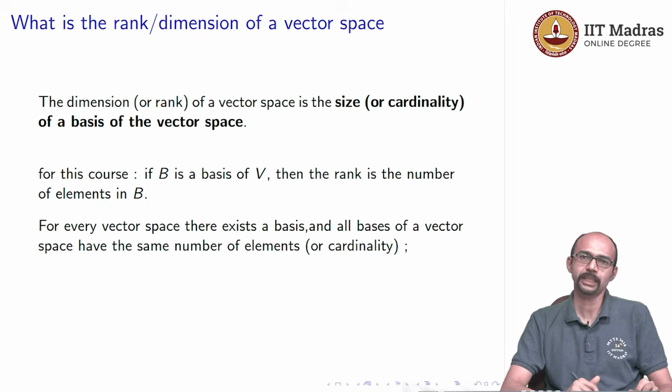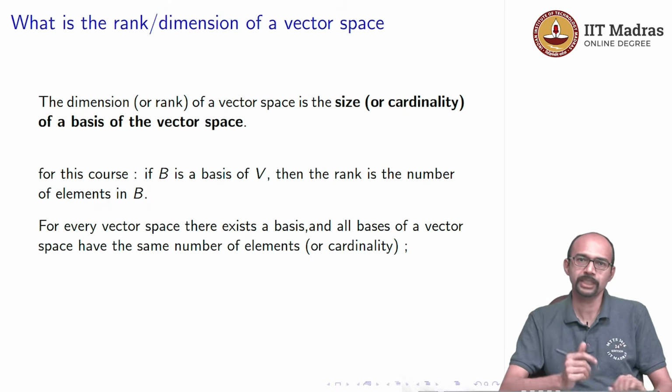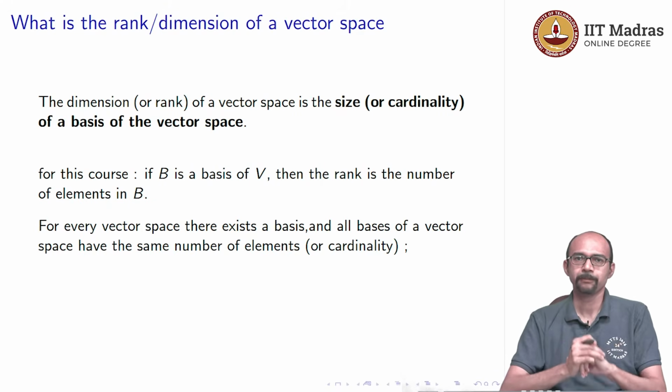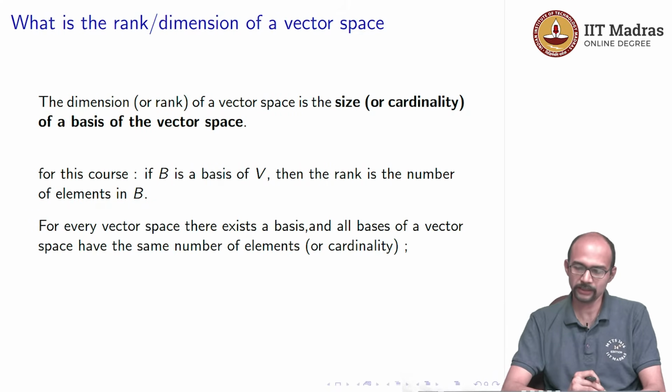Namely, we can start with the empty set and keep appending vectors so that the set that you have at every stage remains linearly independent, and at some stage we will get a maximal linearly independent set, and that will be your basis. So, that happens with a finite number of steps. So, the number of steps tells you what is the number of basis vectors. So, indeed every vector space has a basis, and indeed we can count it using that method that we had in the previous video.